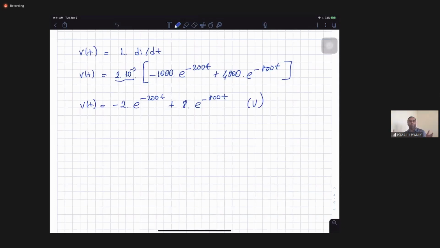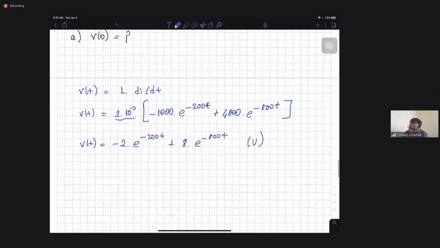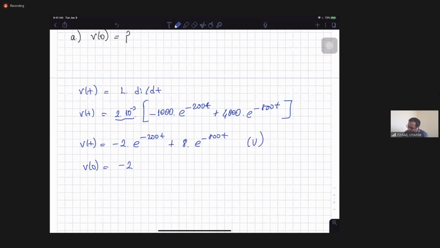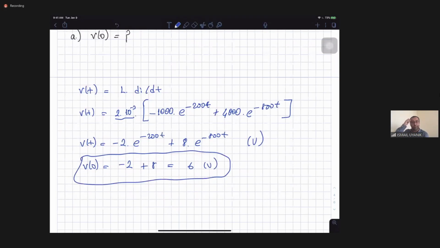So now I have the equation for the voltage, and what I need is only the result of this at t is equal to 0. So what is V0? The exponentials will be 1, so we will have minus 2 plus 8. So this will be 6 volts. This is the solution for the first part of this question.